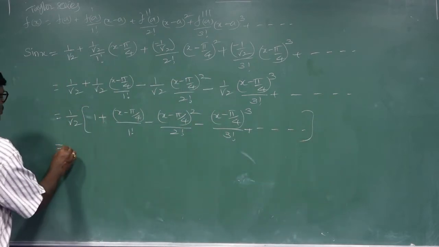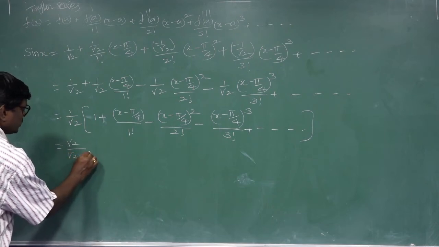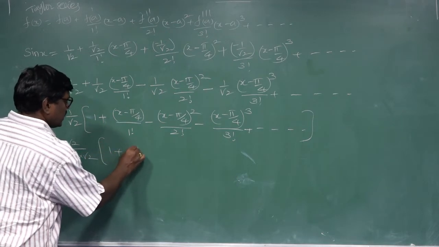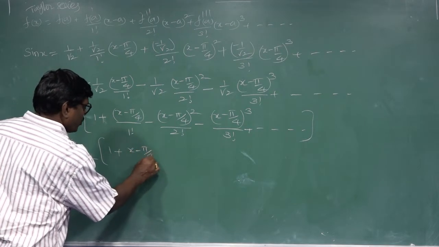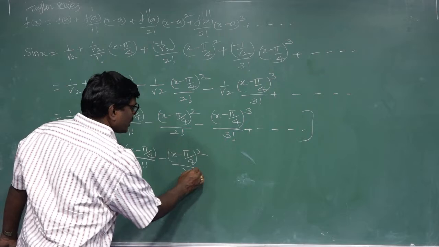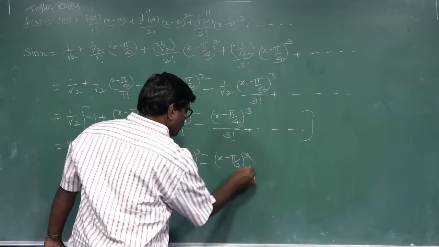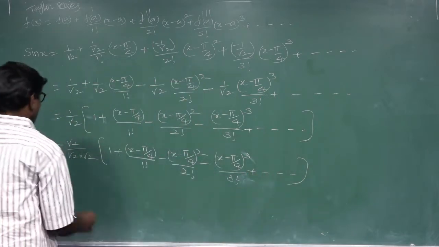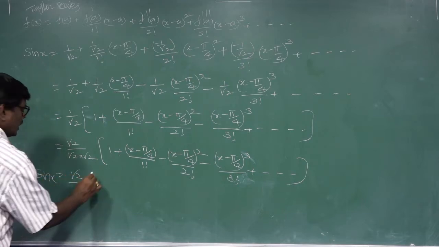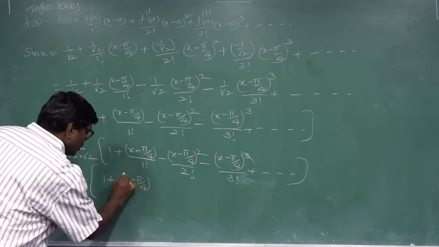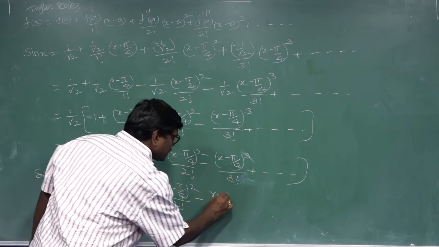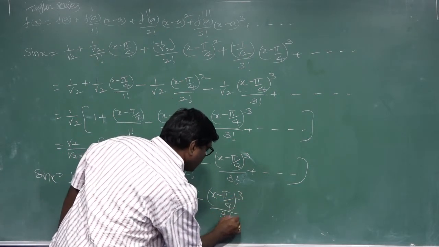Multiplying and dividing by root 2 in numerator and denominator, root 2 into root 2 is 2, so sin x equals root 2 by 2 times [1 plus (x minus pi by 4) by 1 factorial minus (x minus pi by 4) whole square by 2 factorial minus (x minus pi by 4) whole cube by 3 factorial plus so on].